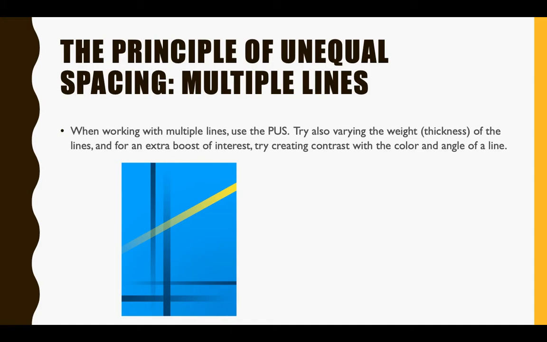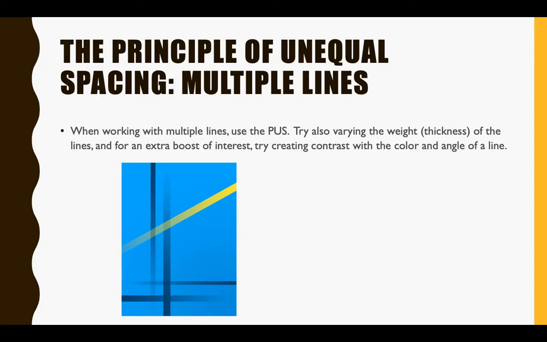So the principle of unequal spacing, multiple lines. Now be watching this because this is what your assignment is going to be about, all right? When working with multiple lines, use the principle of unequal spacing. Also try varying the weight or the thickness of the lines.